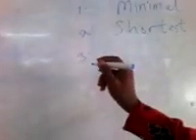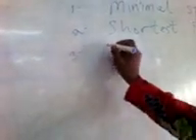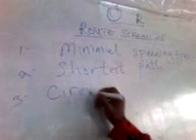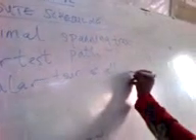Then thirdly, we'll consider the circular tour of all nodes. To start with, the minimal spanning tree.